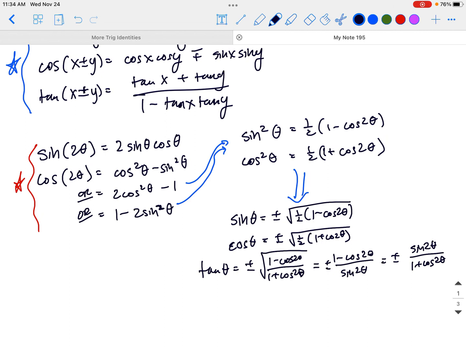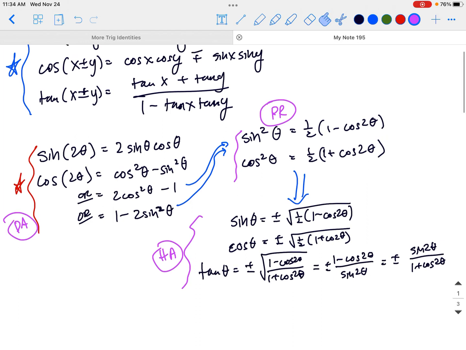So again, lots of variations there. So we've got our power reducing here and our half angles here. So half angle, double angle, power reducing.